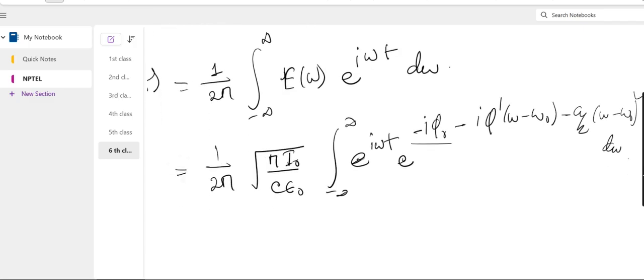So basically this term is constant with respect to omega naught. We can take it out of the integration part.